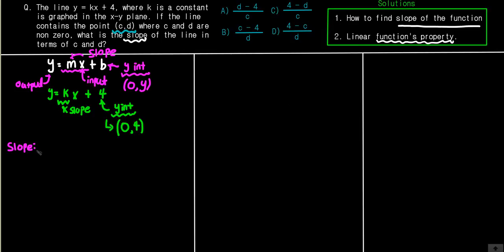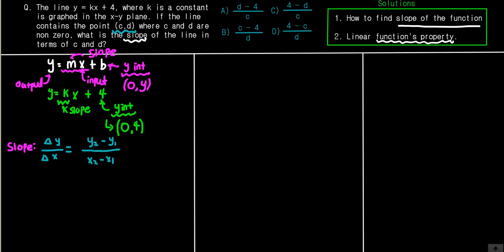The way to find a slope is change in y over change in x. The triangle sign literally just means change. The basic formula is y2 minus y1 over x2 minus x1.